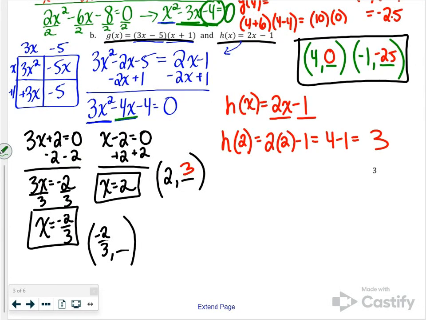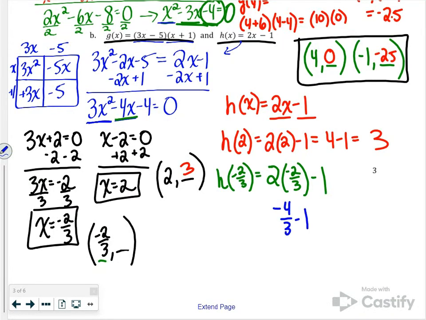And then I will try and figure out this y value. I did f again, whoopsies, h of negative 2/3 equals 2 times negative 2/3 minus 1. Now, this is where I would probably use a calculator if I were you, but we could multiply this and we get negative 4/3 minus 1.